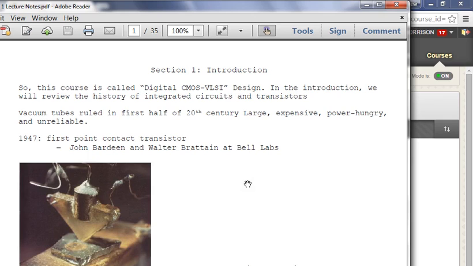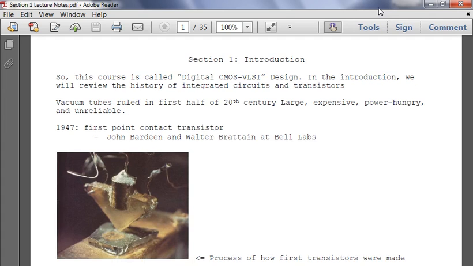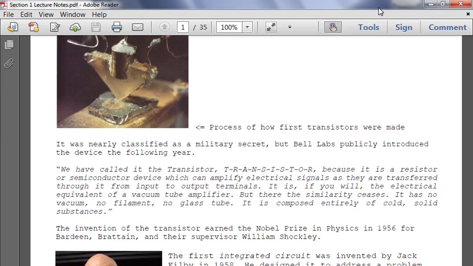Okay, so this is CMOS. This is a picture of an example of the very first point contact transistor, developed at Bell Labs. The two people who developed it, John Bardeen and Walter Brattain, won the Nobel Prize for designing it. It almost became a classified military secret, but they decided to publicly introduce it.